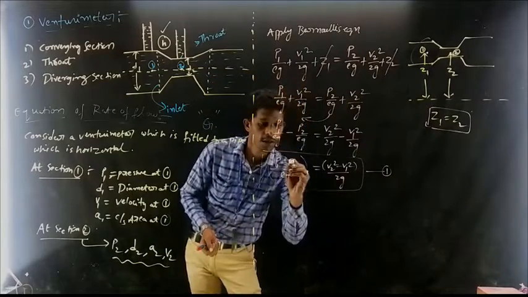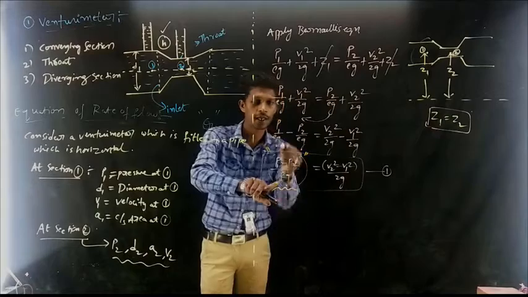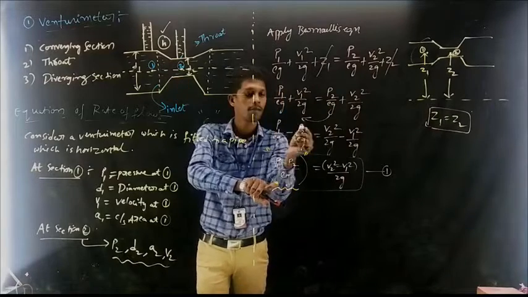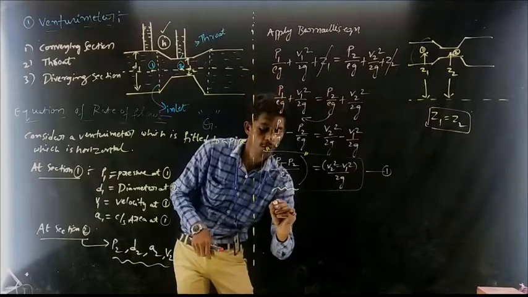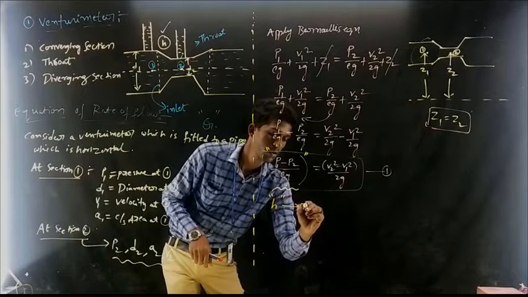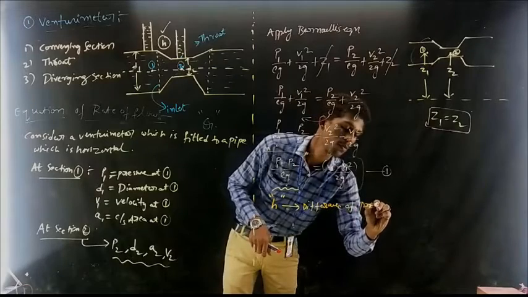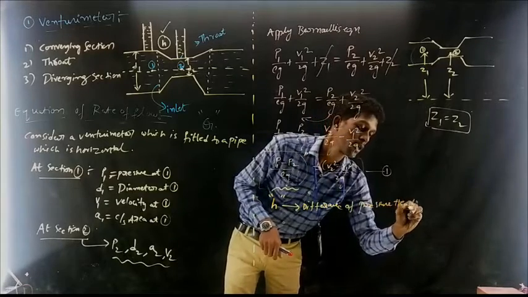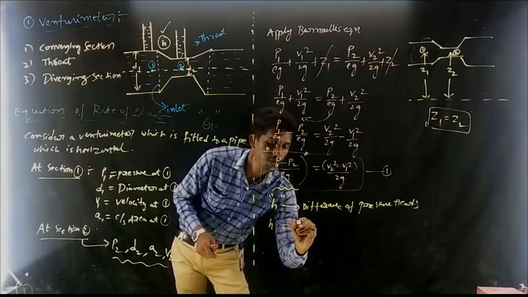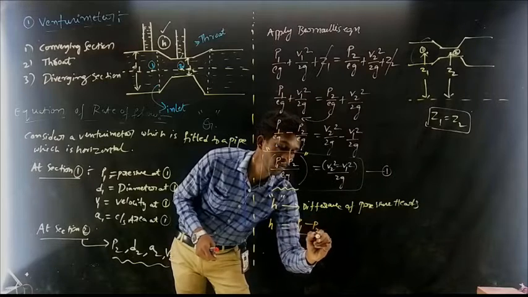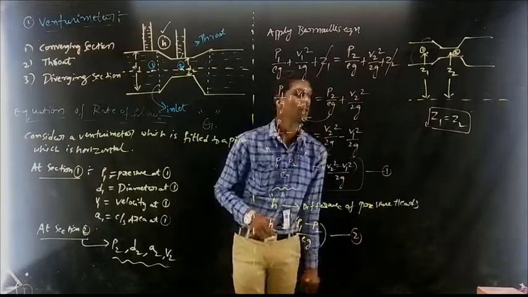P1 by rho g is the pressure head at 1, P2 by rho g is the pressure head at 2, and the difference between the two is this one. So h is equal to P1 minus P2 by rho g. This is equation 2.